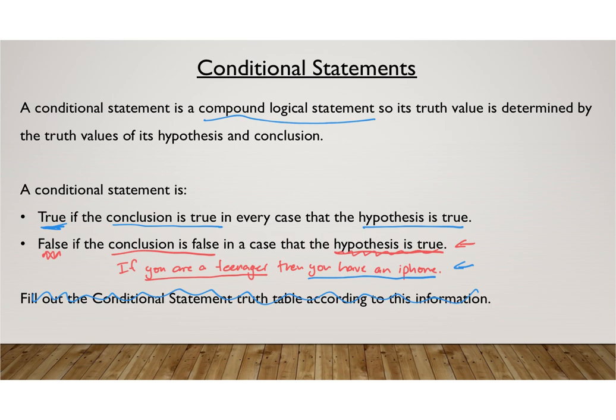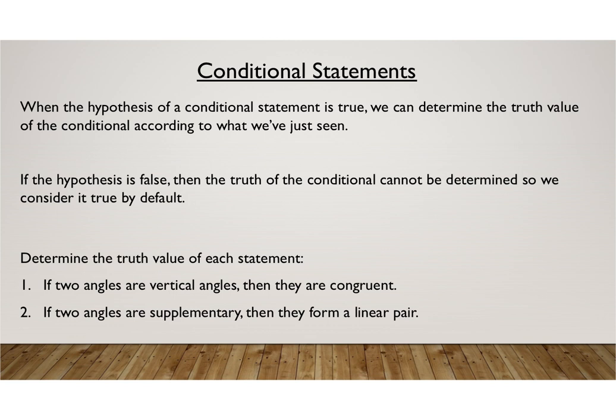Now, I want to make a point that may not make sense at first, but I promise the logic is sound. On the last slide, you may have noticed that in each example, the hypothesis was true. You started out with a true hypothesis. So some of you may have asked yourself, what happens when the hypothesis is not true? When the hypothesis is true, you can draw a conclusion and you can determine the truth value.